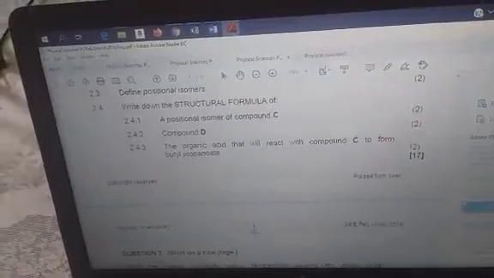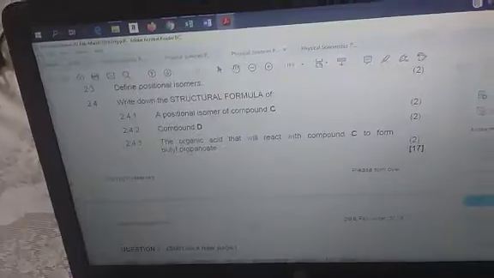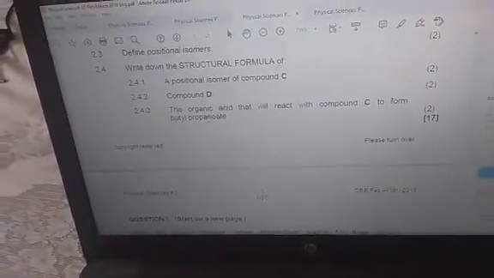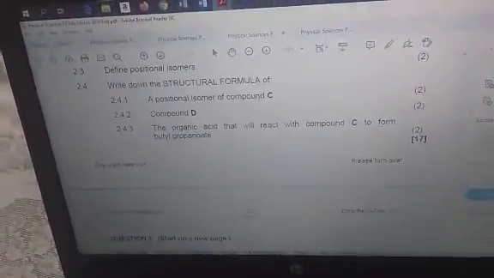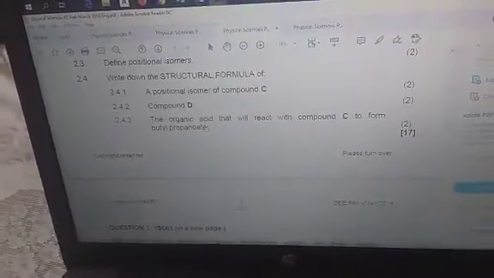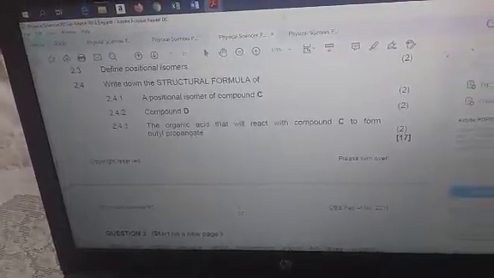That's the key word, propionate. For us to have an ester, it means that we need an alcohol and an acid. What is that acid? Carboxylic acid. But what is it now? It's supposed to be propanoic acid. Propanoic acid. We're taking it from here.